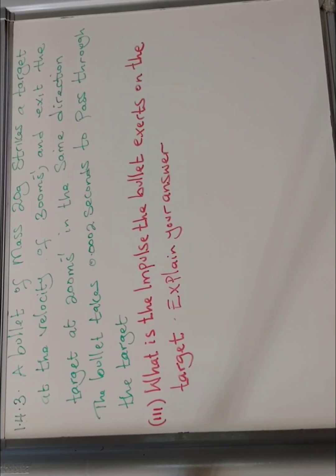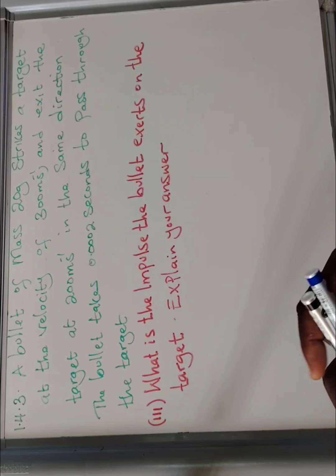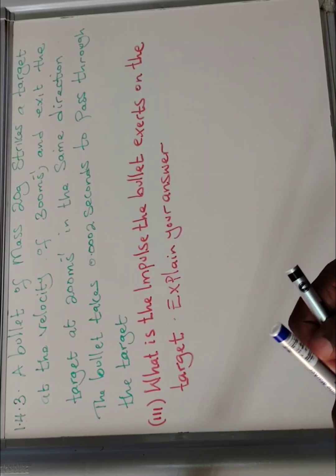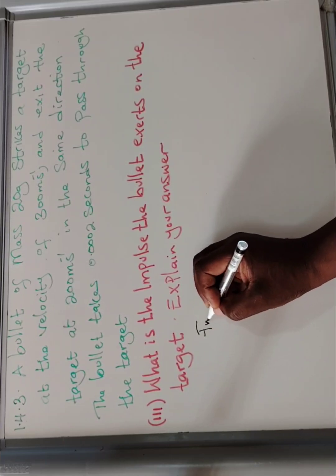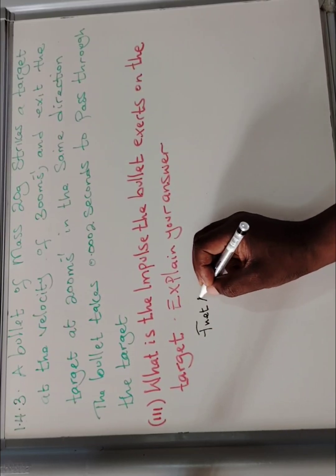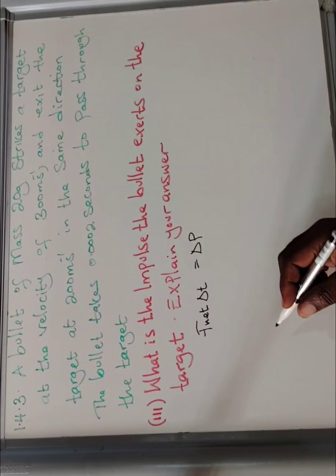Okay, then comes the next question. It says, what is the impulse the bullet exerts on the target? Explain your answer. Okay, you have to remember this. This is what you have to know. We have this expression known as the impulse-momentum theorem.